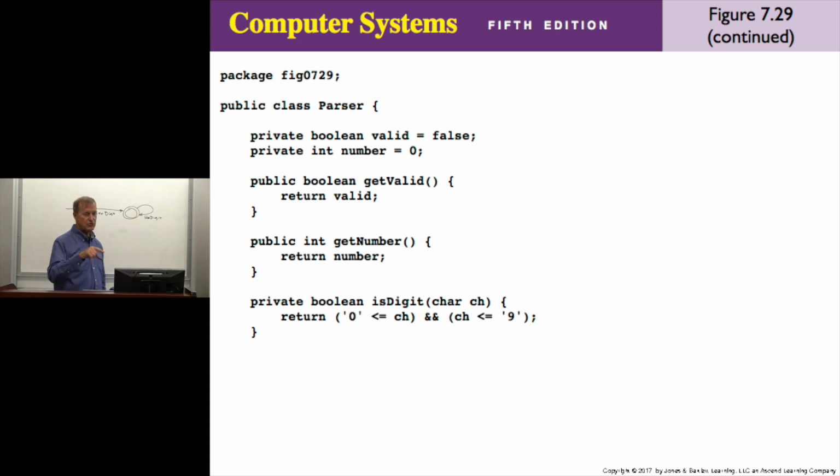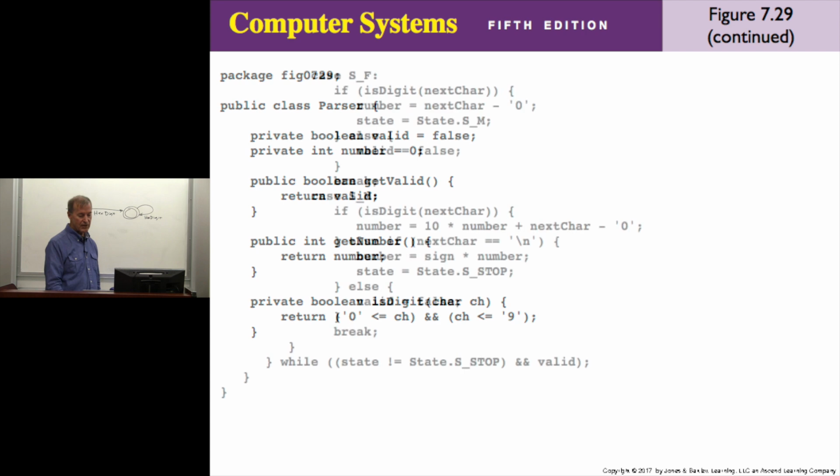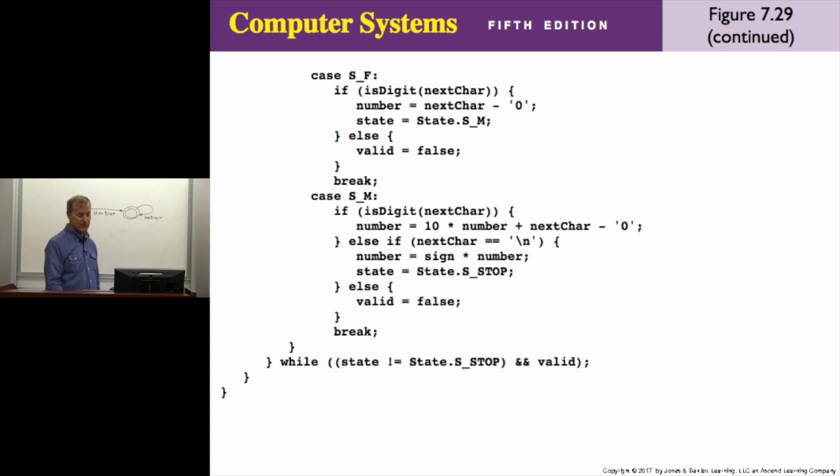So what I recommend you do is have private Boolean isHexDigit, and put all of the code that you need to detect whether it's a hex digit in that. And here's another suggestion. Later on in figure 7.29, you see in case S_M, look at the computation: if isDigit(nextChar). So your code should be if isHexDigit(nextChar).